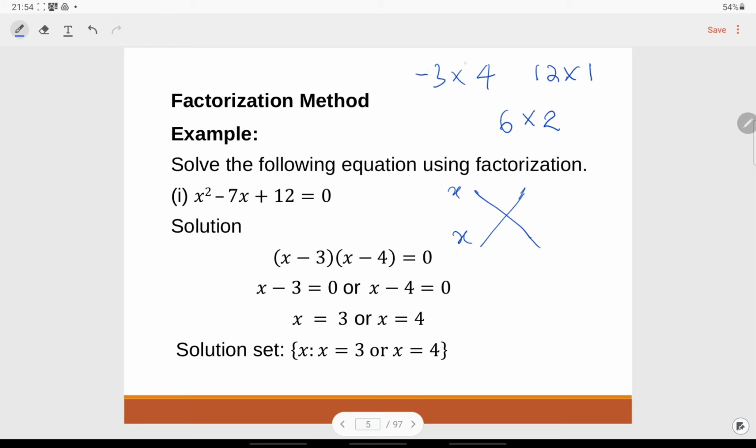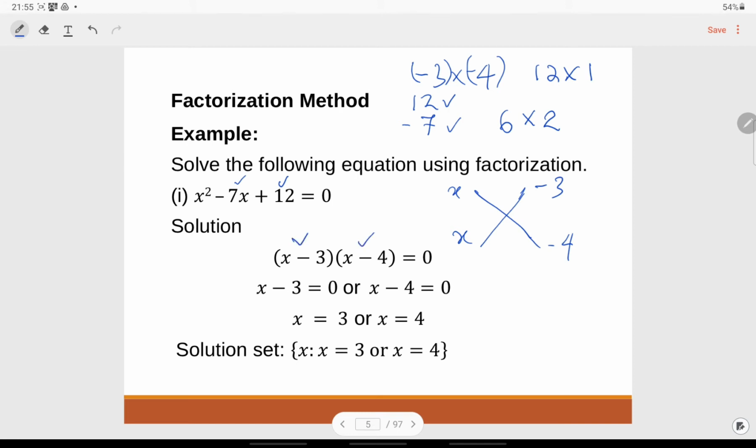We just make both numbers negative, because negative 3 times negative 4 is equal to 12, and negative 3 plus negative 4 is equal to negative 7. So we have negative 3 and negative 4, and we combine them together to come up with these two factors.